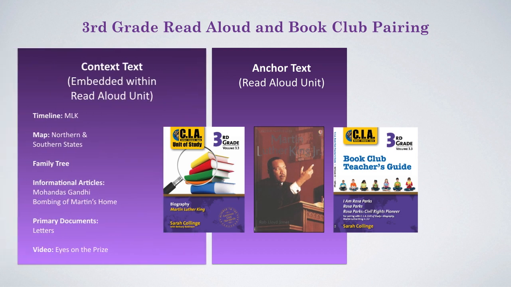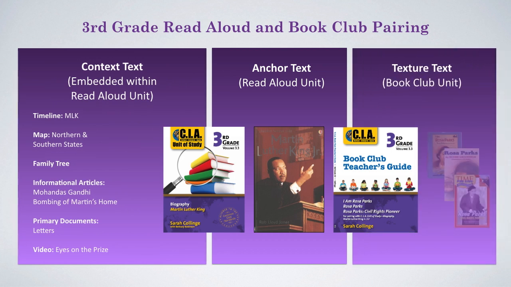In this example, 3rd grade students look at a timeline, a map, a family tree, read informational articles, read primary documents, and they also watch a video. These multimedia connections broaden their knowledge base to deepen their understanding of the anchor text.